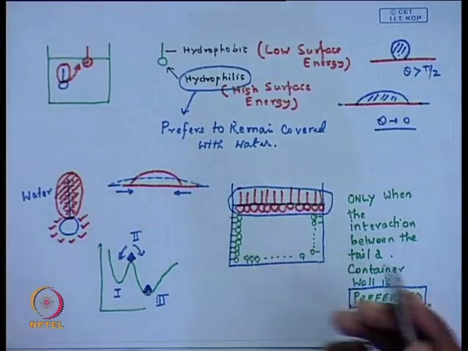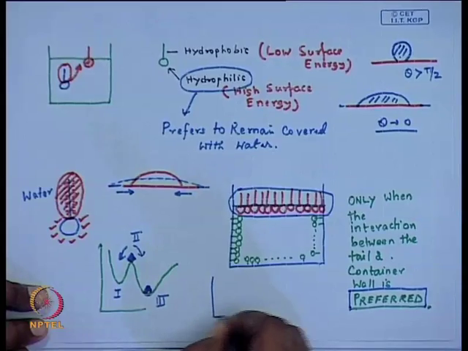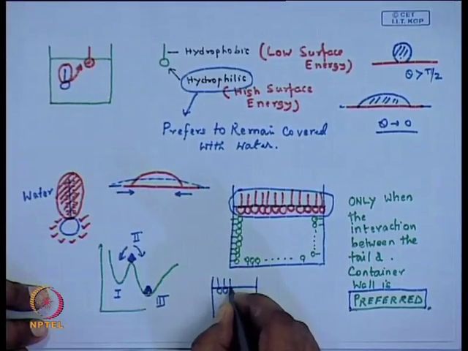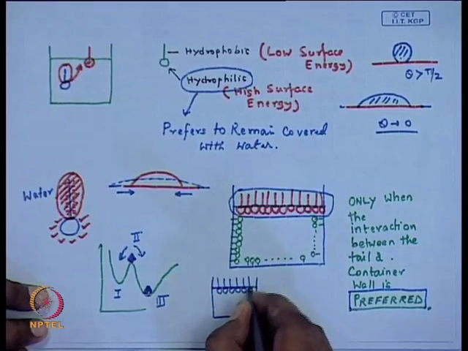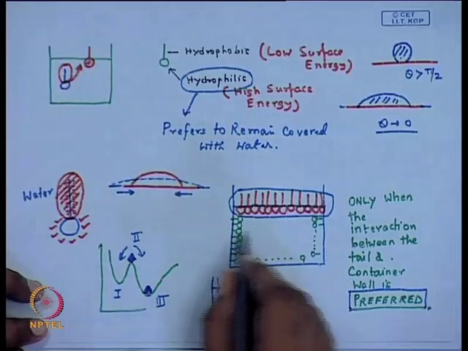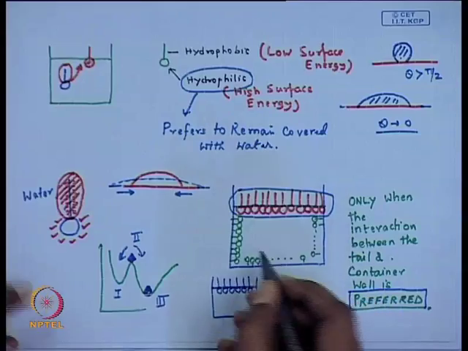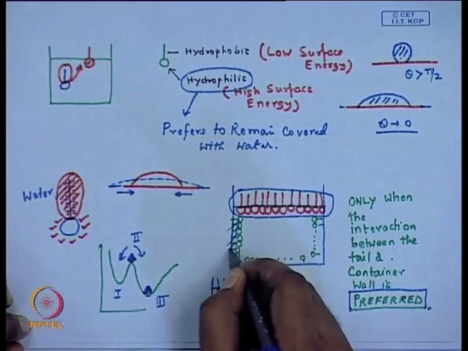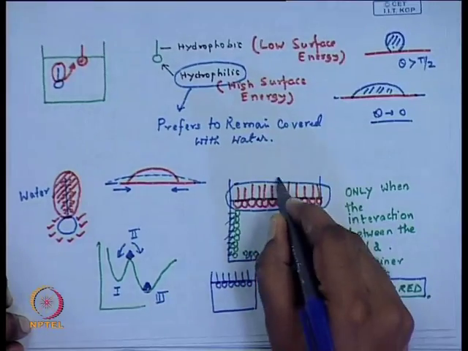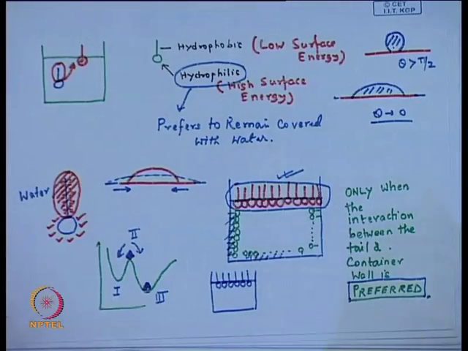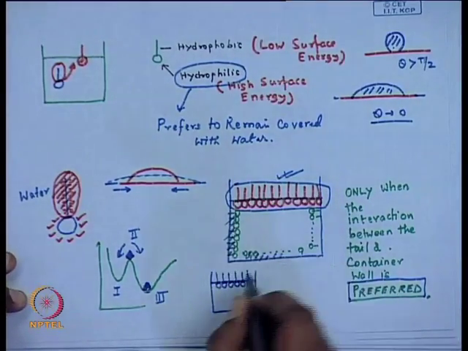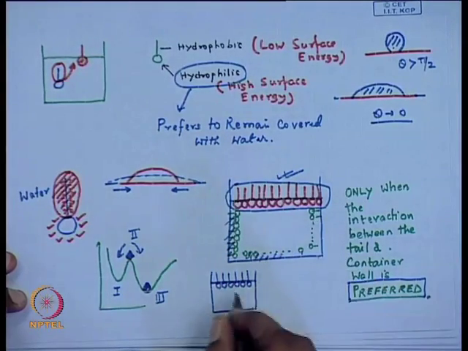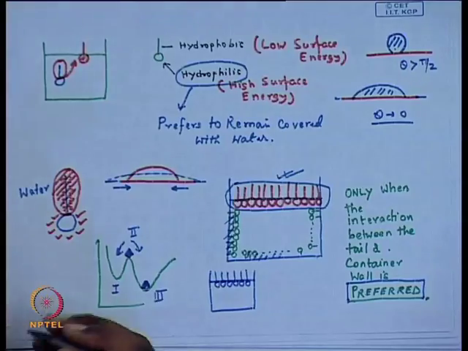In other words, if you have a beaker material towards which the tail groups do not have a preferential affinity, then this will not result. So, this is case specific, while this other one is independent, it is going to happen anyway. If the interaction is preferential, then the surfactant molecules go here; if it is not, then they refuse to go here.